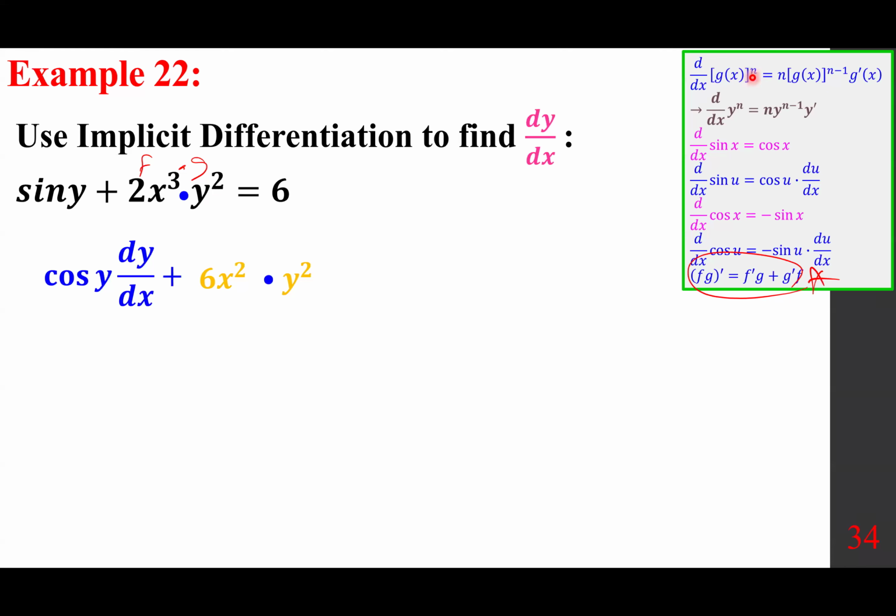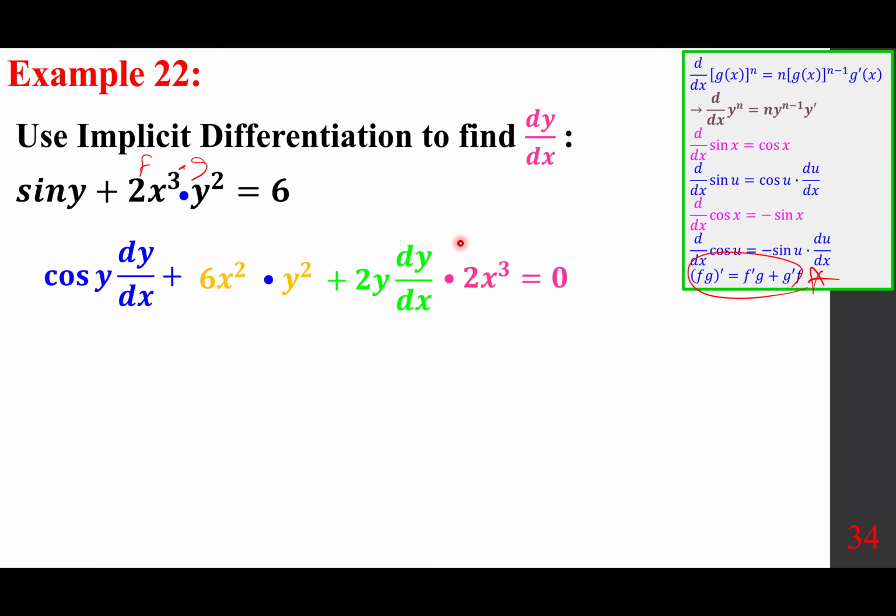The derivative of g of x to the power of n is n g of x to the power of n minus 1 g prime. The derivative of y to the power of n, in the same manner, replace the g with y, and y to the power of n minus 1 y prime. And so we have 2y y prime or 2y dy dx times f, which is 2x cubed.